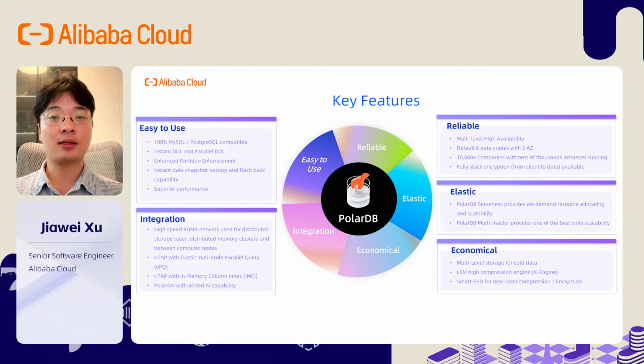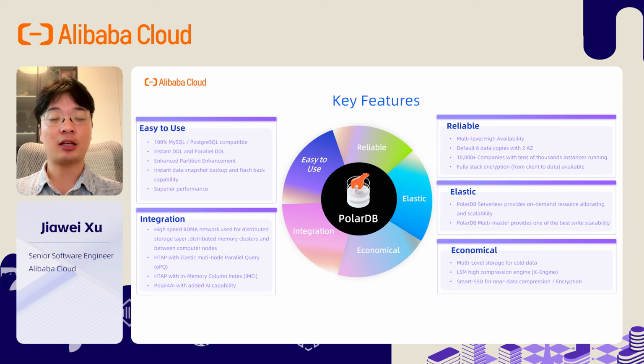Here is a concise summary of PolarDB's core strengths. It's easy to use, offering 100% MySQL and PostgreSQL compatibility, instant DDL operations and superior performance. It's incredibly reliable, featuring multi-level high availability with 6 data copies spread across 2 available rooms and full stack encryption.